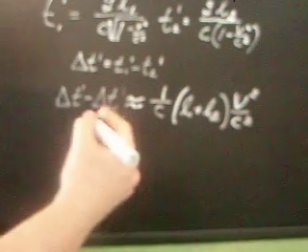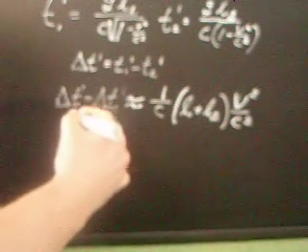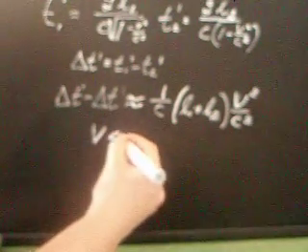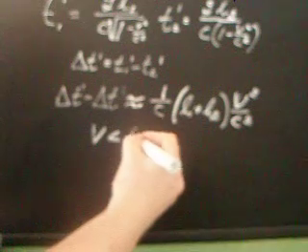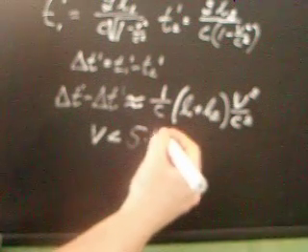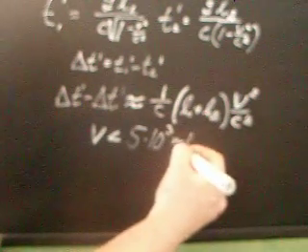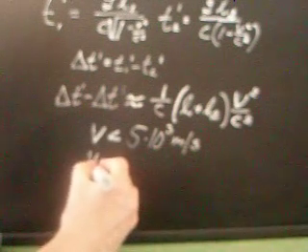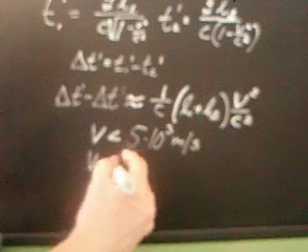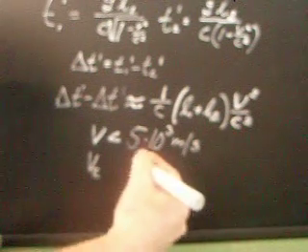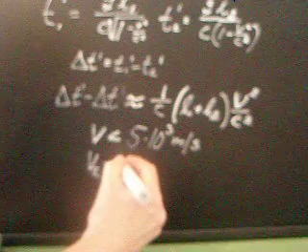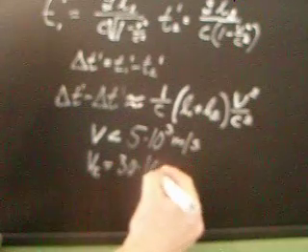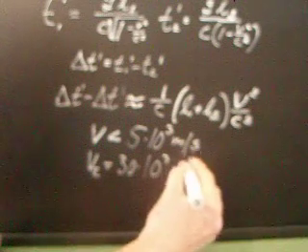The experiment showed that the velocity of the ether wind was at least less than 5 times 10 to the 3 meters per second, which is much less than the velocity of the Earth around the Sun, which is equal to 30 times 10 to the 3 meters per second.